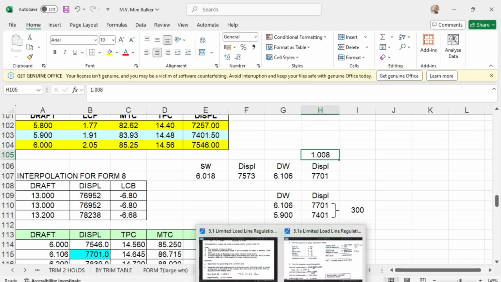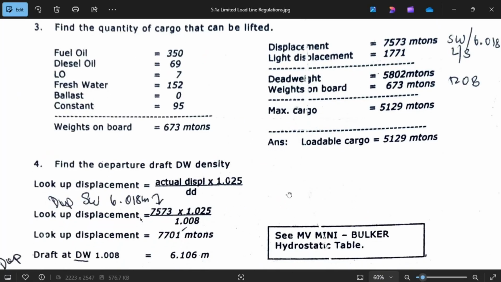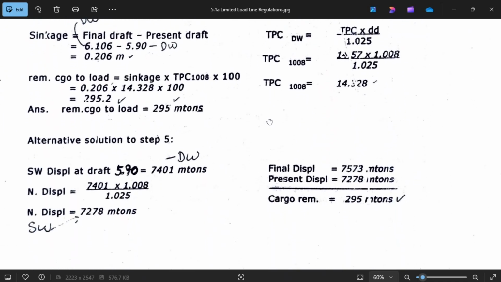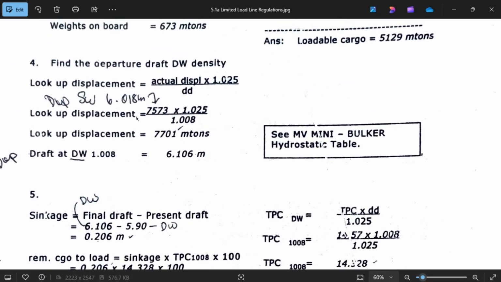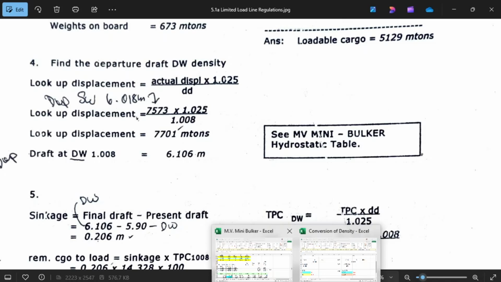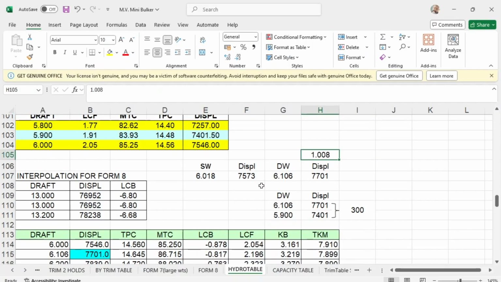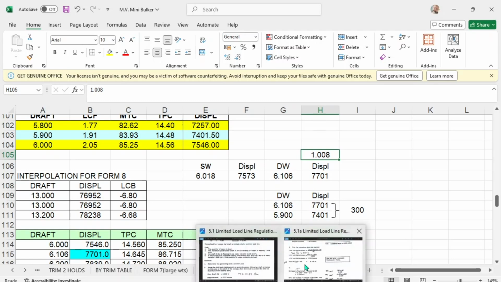This is this one, guys. So you convert the displaced salt water draft of 6.018, which has a displacement of 7573. What will be his displacement when he's floating in a density of 1.018, and what will be his draft? And the solution to that, guys, is this one.